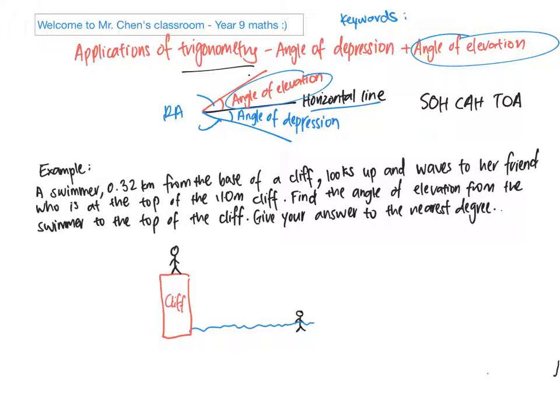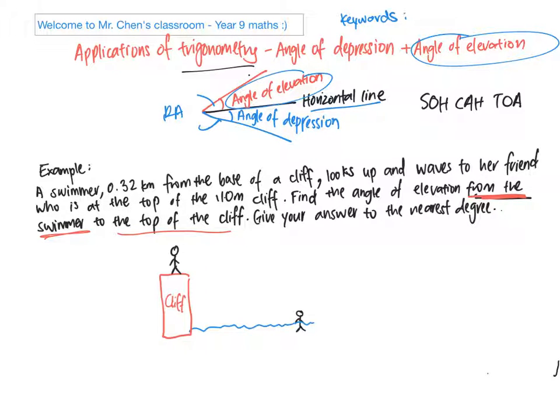So the question here: we got a swimmer 0.2 km from the base of the cliffs who looks up and waves to her friends who is at the top of a 110-meter cliff. Find the angle of elevation, I'll use the red one, from the swimmer to the top of the cliff.